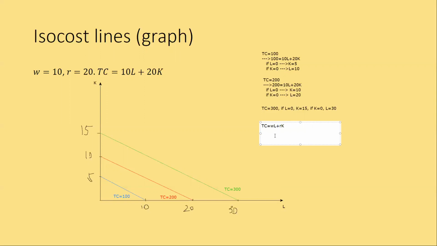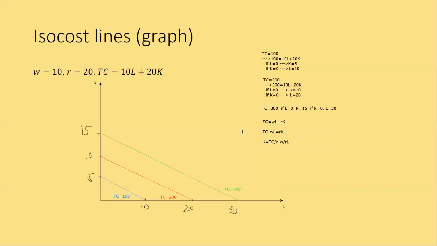We can write K as a function of L. So we move the W times L to the left, and we divide both sides by R. So it will be TC divided by R minus W divided by R times L equals K. Or let me put K on the left. So K equals TC divided by R, minus W divided by R times L.